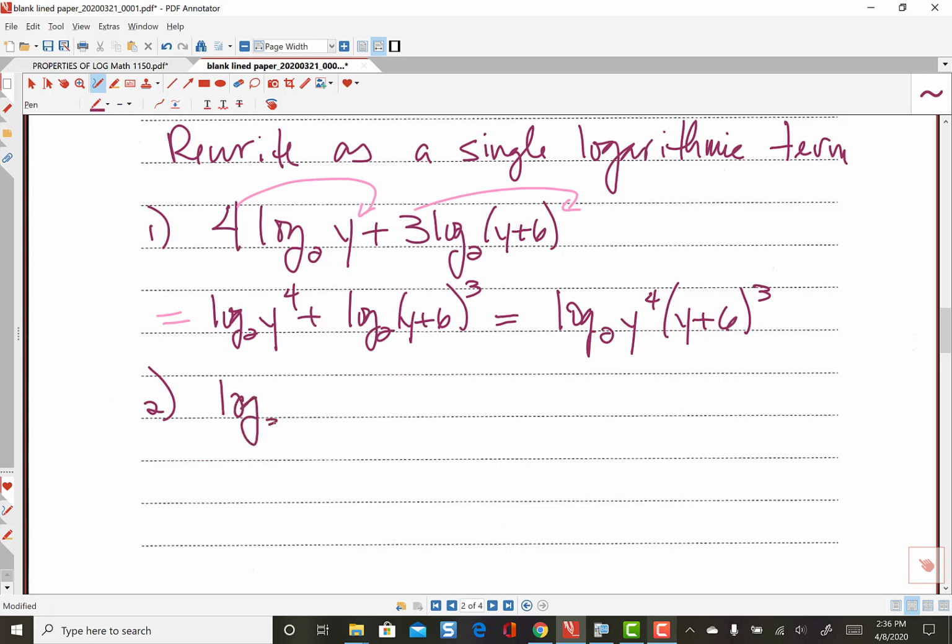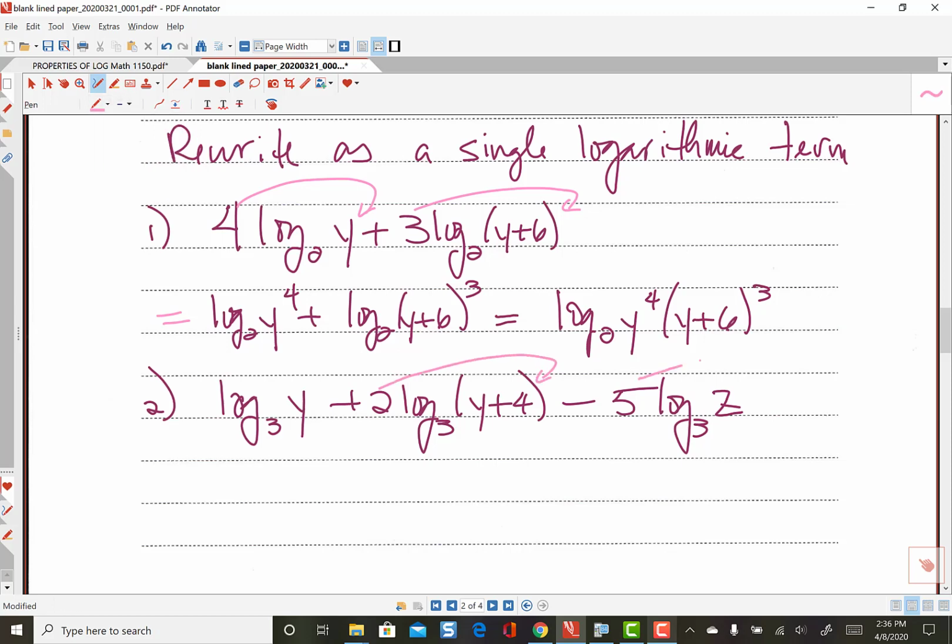Okay. All right, let's try a few more here. So if I had the log base 3 of y plus 2 times the log base 3 of y plus 4 minus, let's say, 5 times the log base 3 of z. First thing we're going to do, we are going to put those exponents back on.